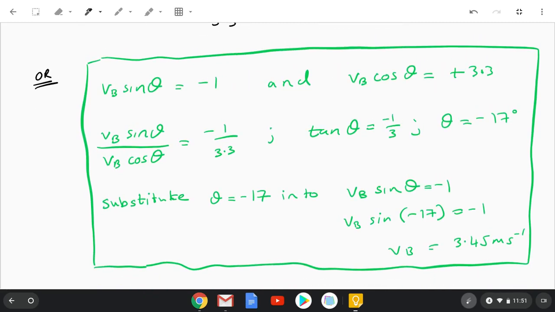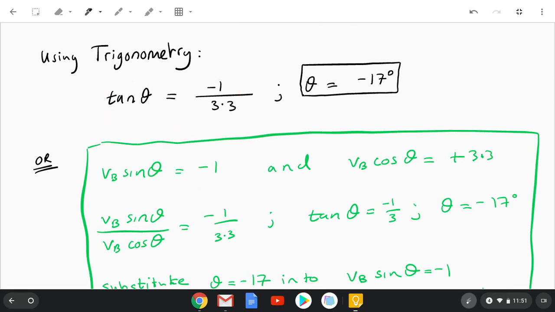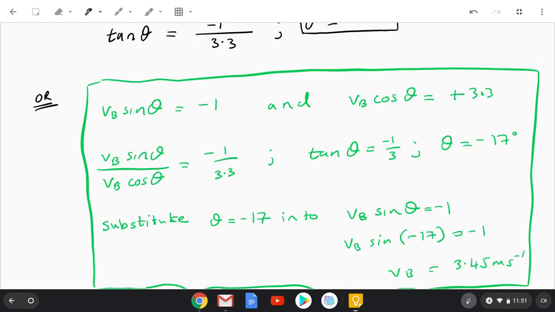There's another way of doing it, and many of you mathematicians can. We know VB sine theta is minus 1. We know VB cos theta is 3.3. And if we divide this by this, the VBs cancel, and sine theta over cos theta is tan theta. And we're back at this point here, and the angle is minus 17 degrees.